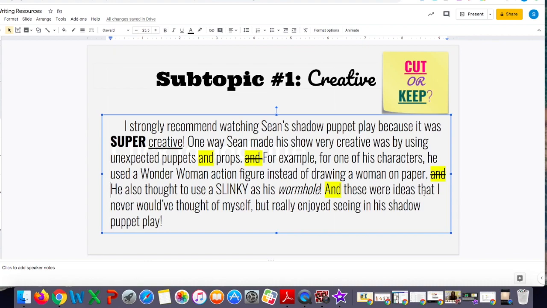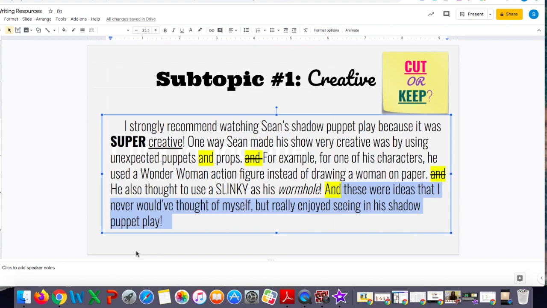And these were ideas that I never would have thought of myself, but really enjoyed seeing in his shadow puppet play. So this and is connected only to this idea. So I'm going to see if this idea, highlighted in blue, makes sense without this word and.